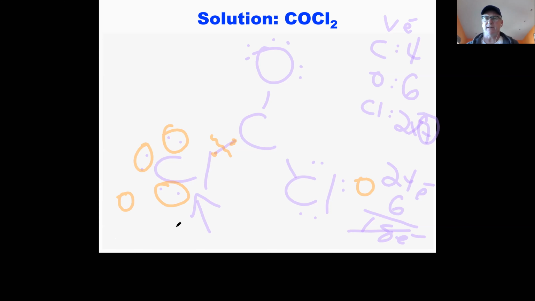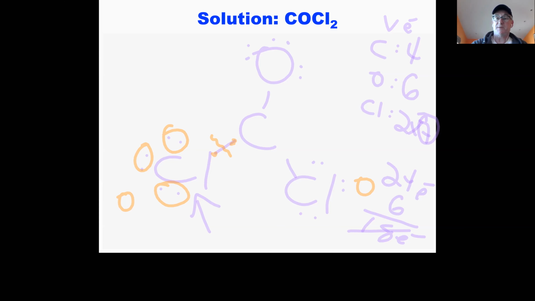What about the oxygen? How many valence electrons should oxygen have? It has 7, but it's supposed to have 6.